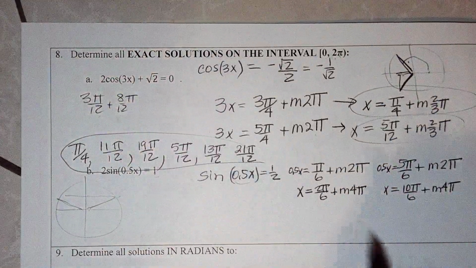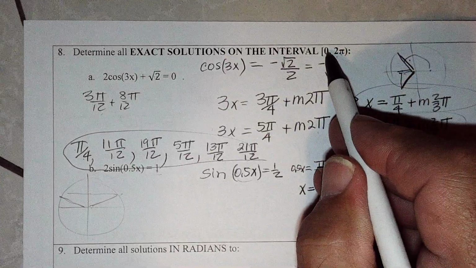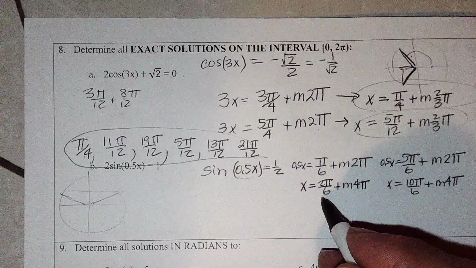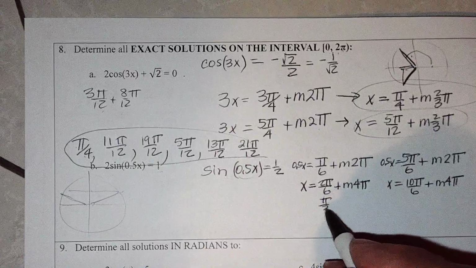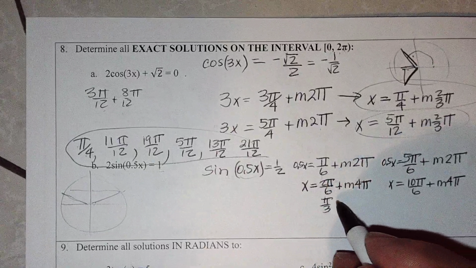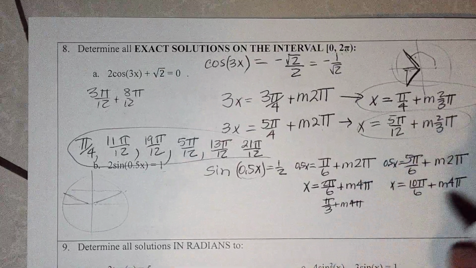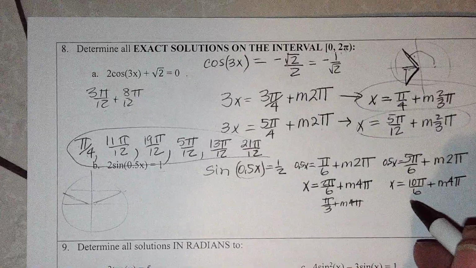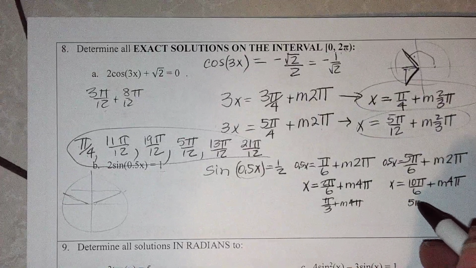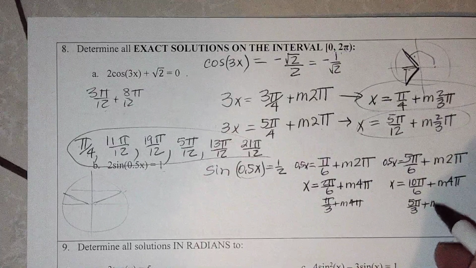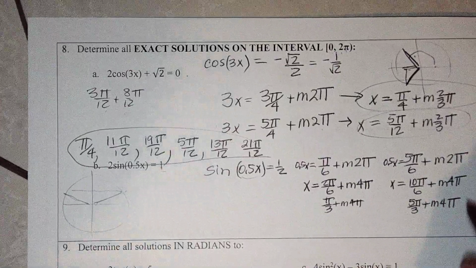Now, of these, which ones are between 0 and 2 pi? So I'm going to rewrite this as pi over 3, reducing the 2/6, plus multiples of 4 pi. And this is going to be 5 pi over 3 plus multiples of 4 pi.